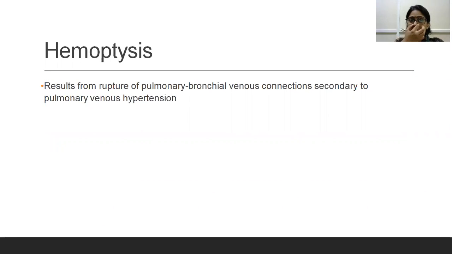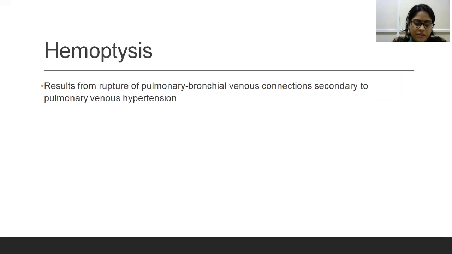Your second symptom is hemoptysis. Hemoptysis in mitral stenosis is a result of rupture of pulmonary bronchial venous connections. This happens as a result of increased pulmonary venous pressure, pulmonary venous hypertension. Other causes are increased dry cough, which can result in hemoptysis if the coughing is too forceful.